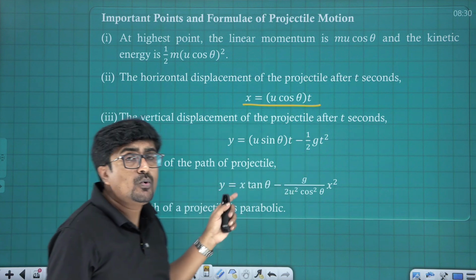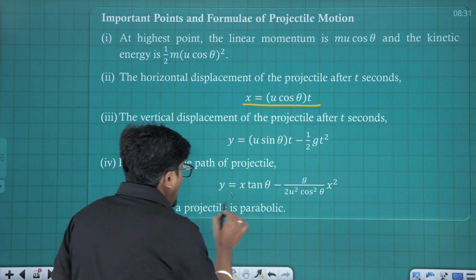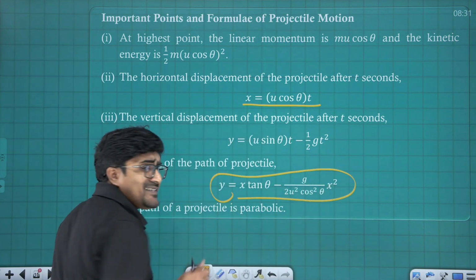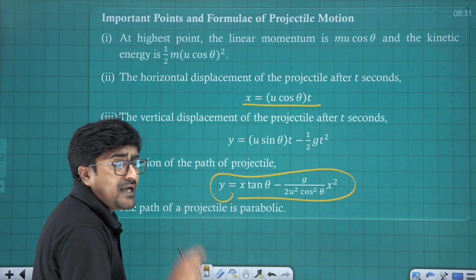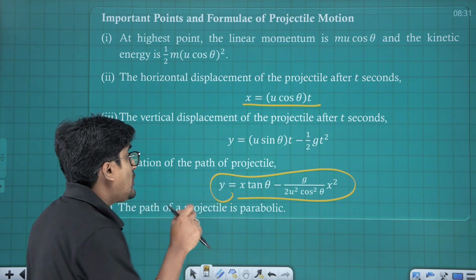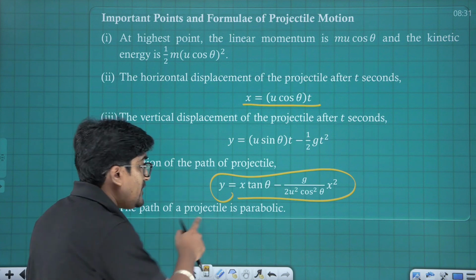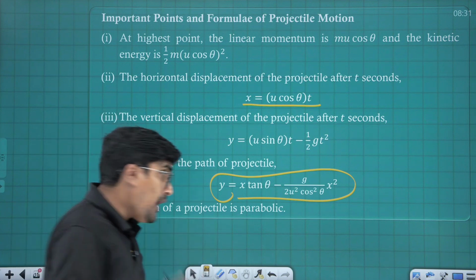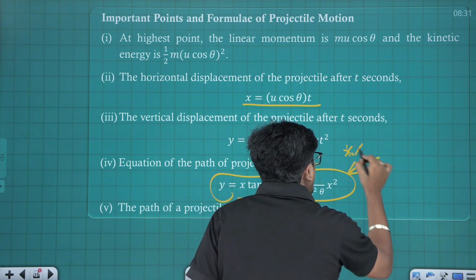And how to identify the equation of the trajectory? There you may have this particular expression, that is, y is equal to x tan theta minus g x squared upon 2 times u squared cos squared theta. This is very important. Direct questions have come many times related to this. Super important formula, I would like to say.